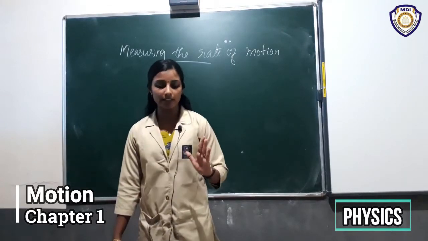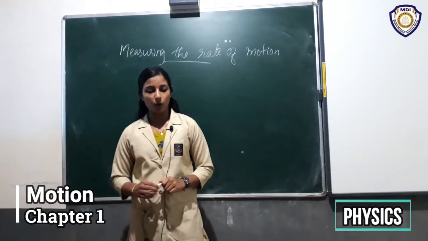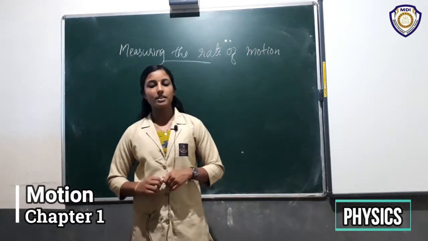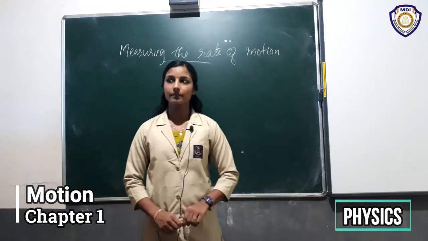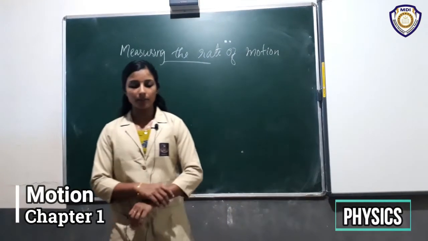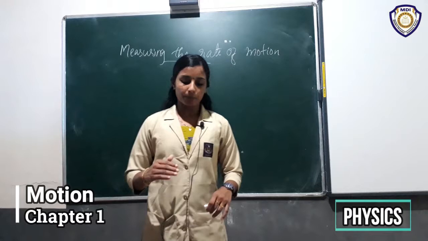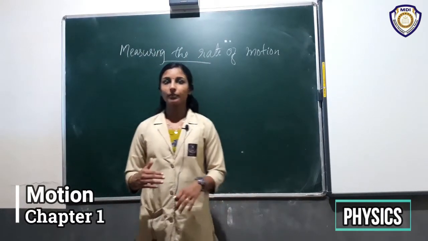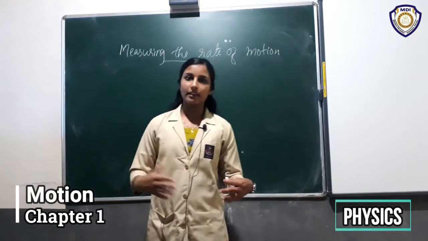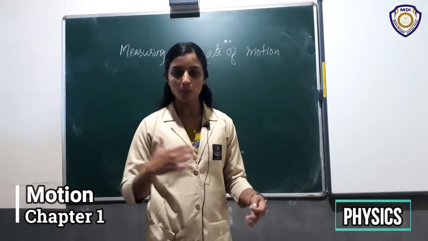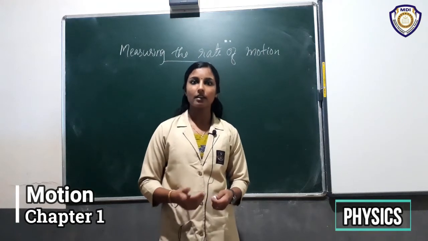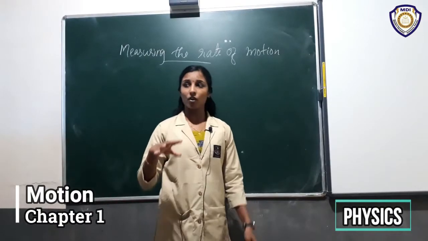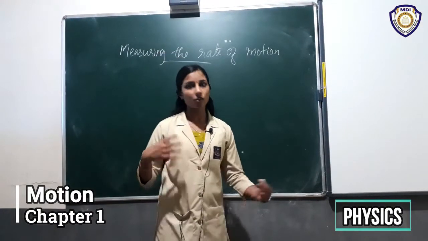One way of measuring the rate of motion of an object is to find out the distance travelled by the object in unit time. What does it mean? By measuring the distance travelled by an object per unit time, we can understand the rate of motion, right? We simply say that we know the speed of that vehicle or object.